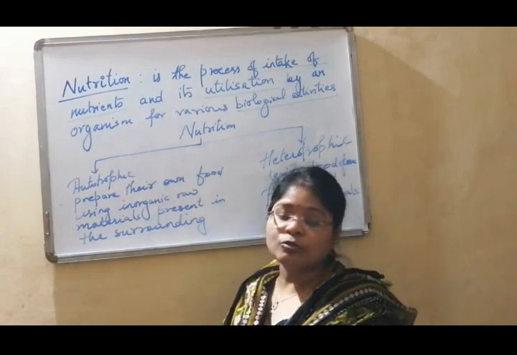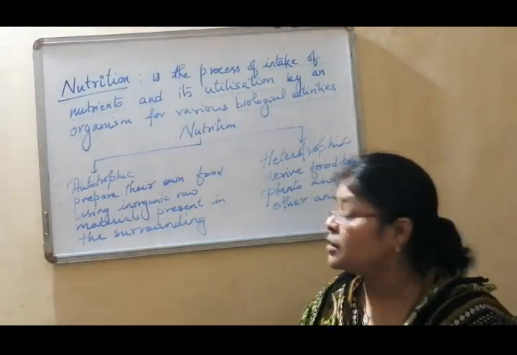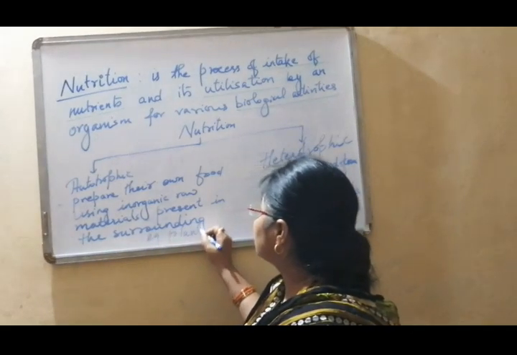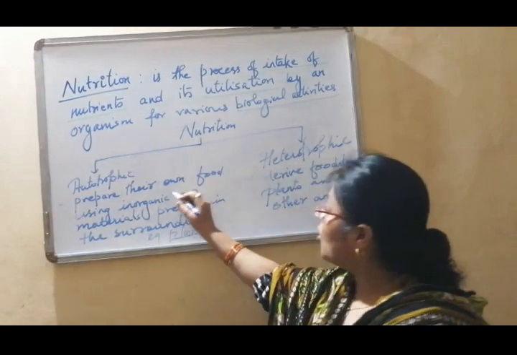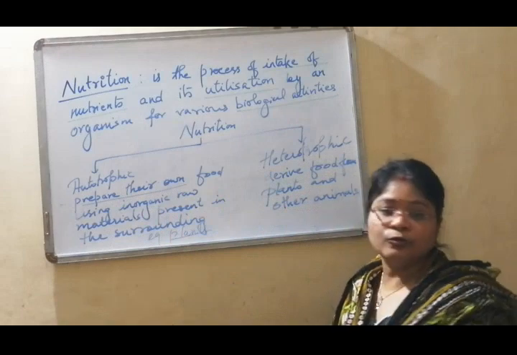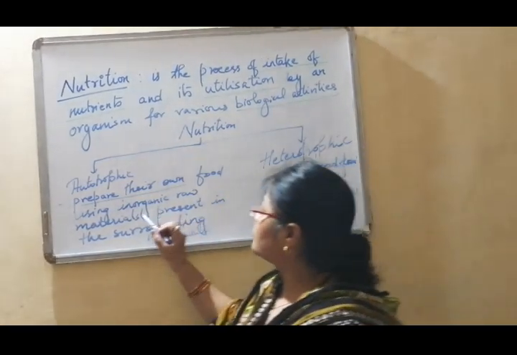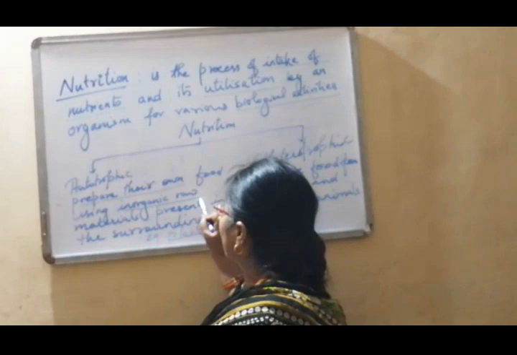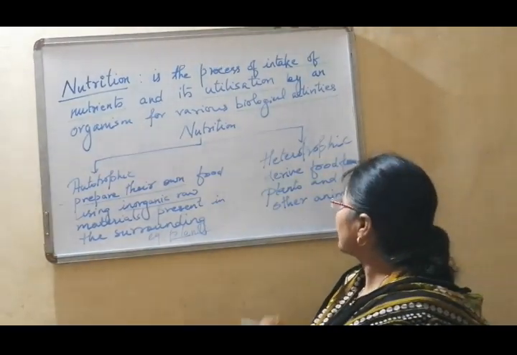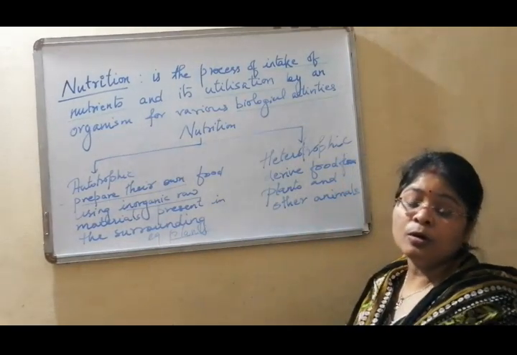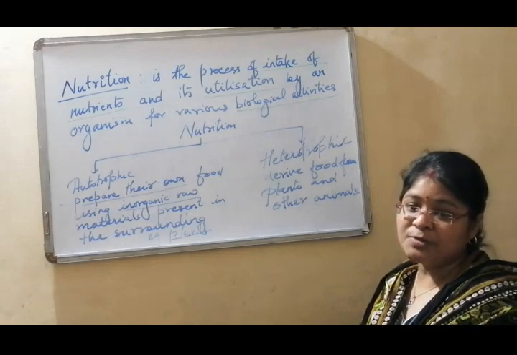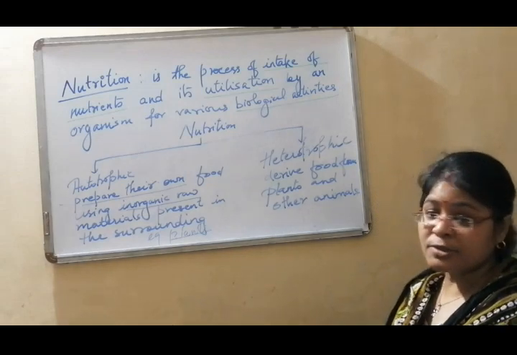Now, in the case of autotrophs, all of you know plants are the best example. They are able to prepare their own food. What do they do? They prepare their own food using what kind of substances? Inorganic raw materials present in the surroundings. Now, heterotrophs are all other organisms, various kinds of organisms, including animals.